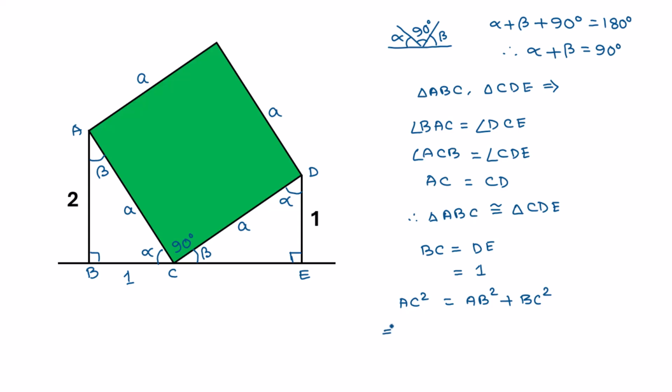AC is the side length of this square. We have the side length is A, so A square is equal to AB square.